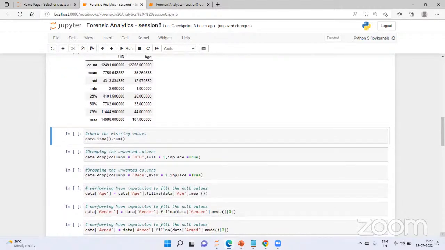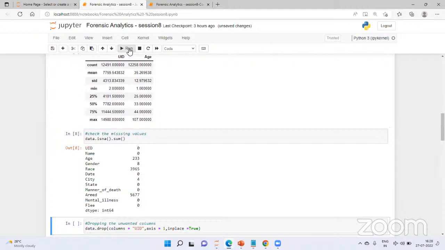Next, I am starting with data engineering, also called exploratory data analysis and data pre-processing. So, checking whether any NA values are present in my columns. To check, I need to pass the command data.isna().sum(). If I have any NA values in my data set, the sum of the NA values in each and every column will be printed.